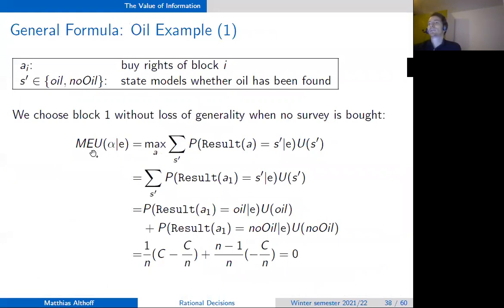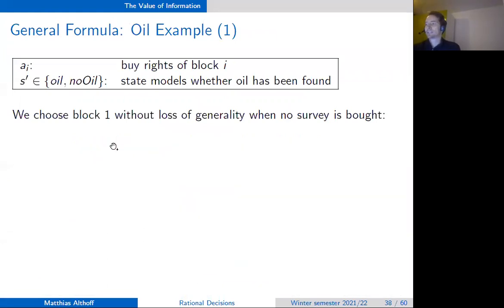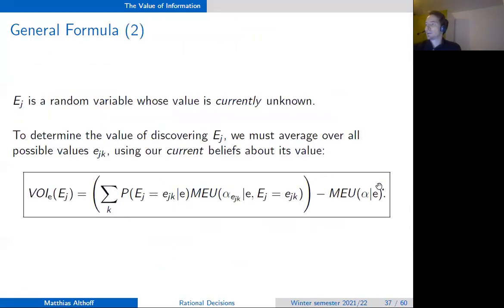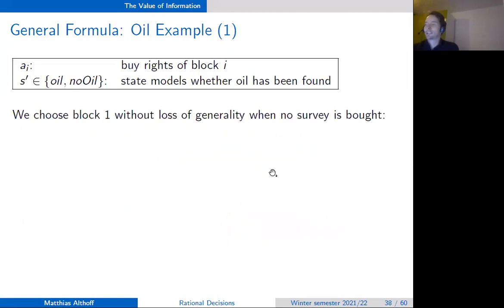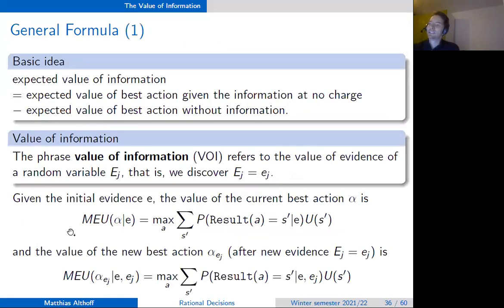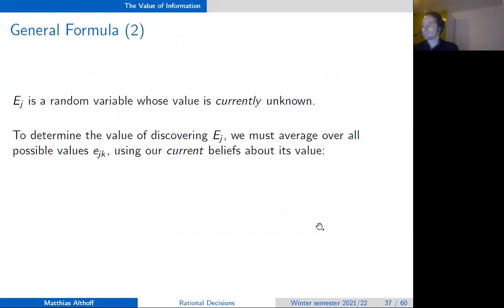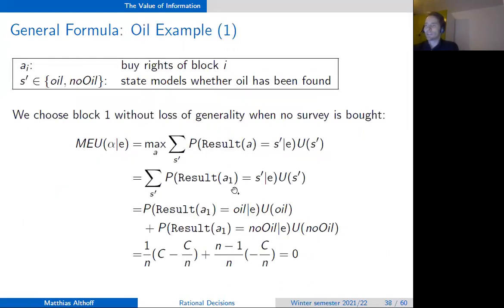So the first thing is we compute this maximum expected utility without this additional evidence. So this is basically this part. And the formula, of course, is exactly this formula. So we have to find the best action. And in the oil drilling example, because we have no information from the seismologist, it's just guessing.